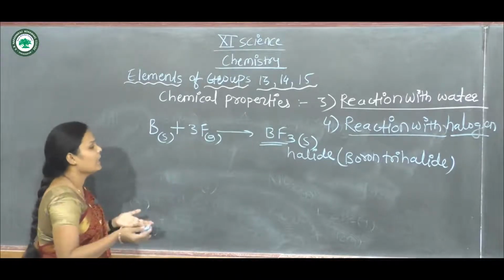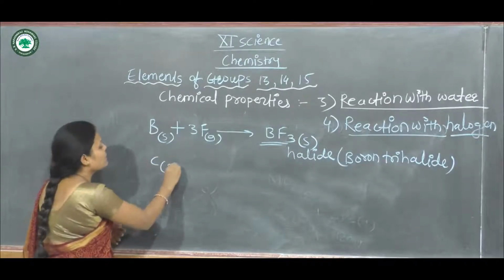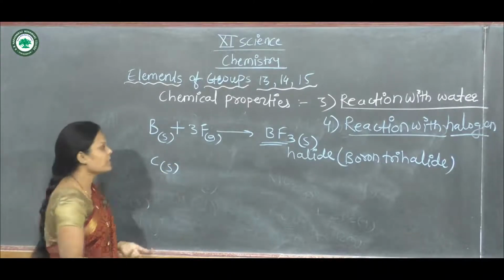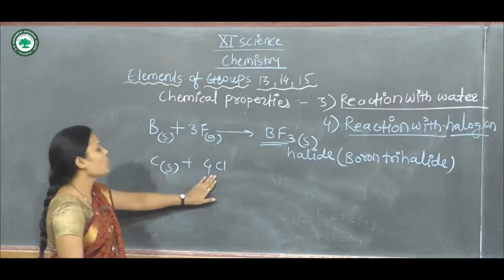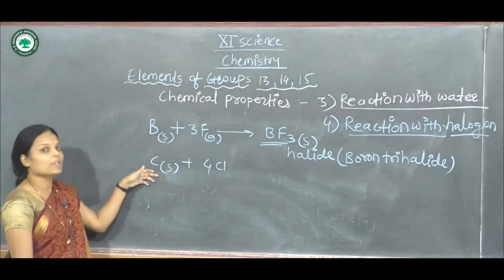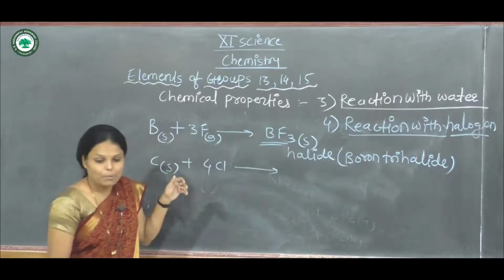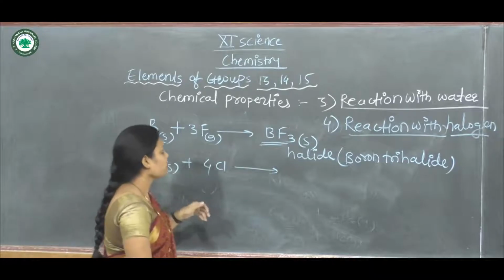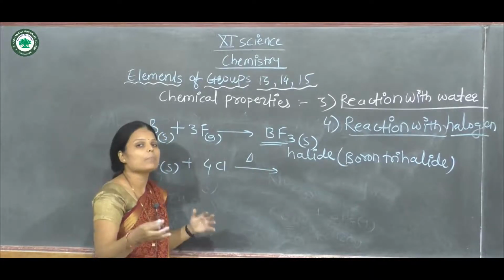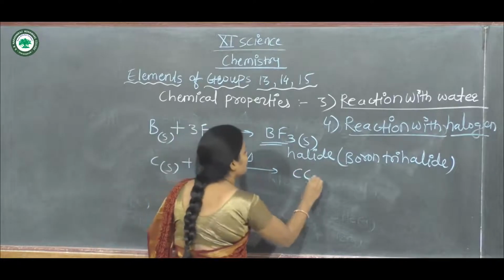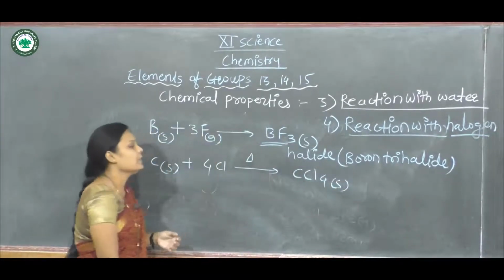We can take one example, just like carbon. Here solid carbon reacts with 4 molecules of chlorine in the presence of heat, and then carbon tetrachloride is formed. Here CCl4 is formed in this reaction.